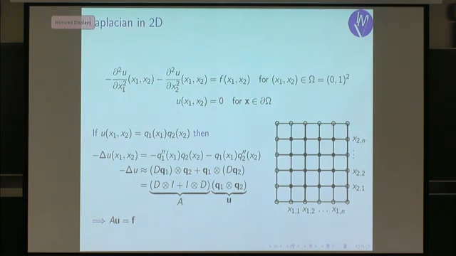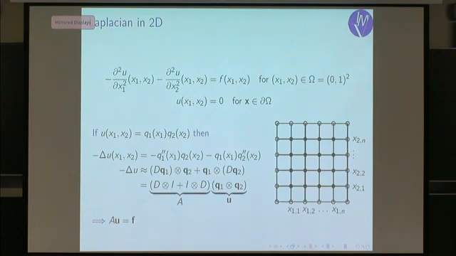And to explain what's happening, let's imagine for a moment that the solution that I'm looking for can be written as a product of two univariate functions. The first function will be just a function of x1, and the second one just of x2.